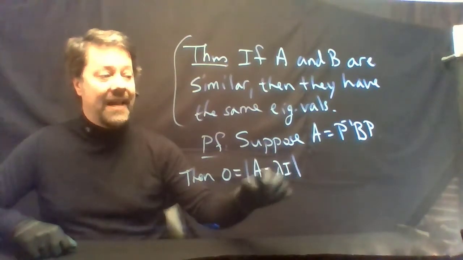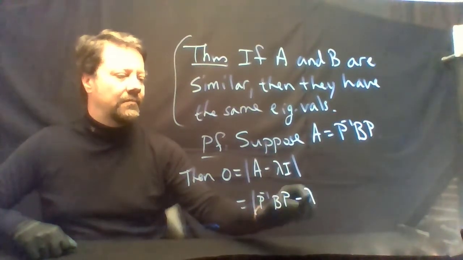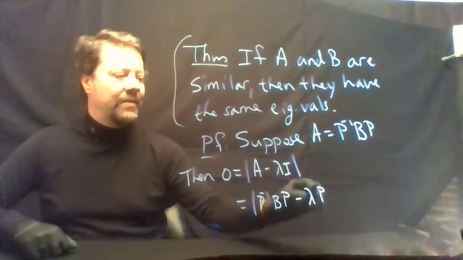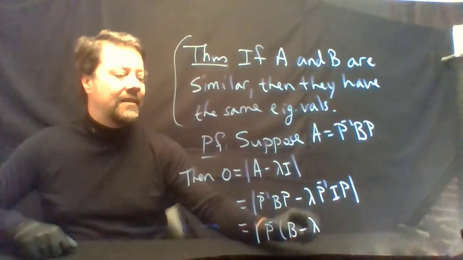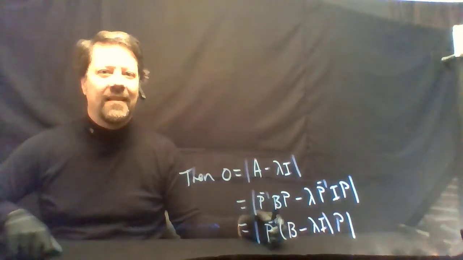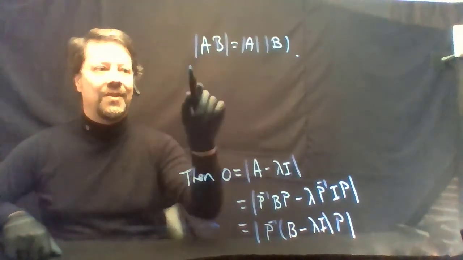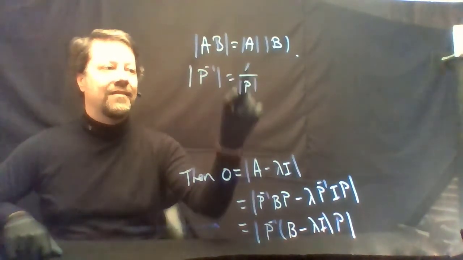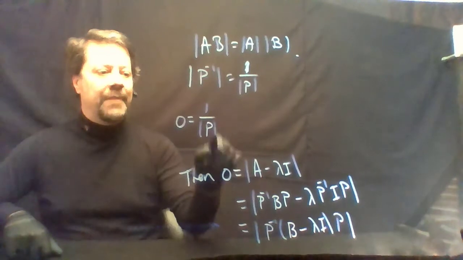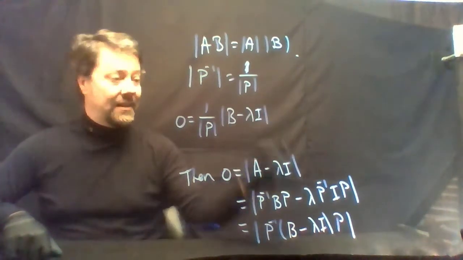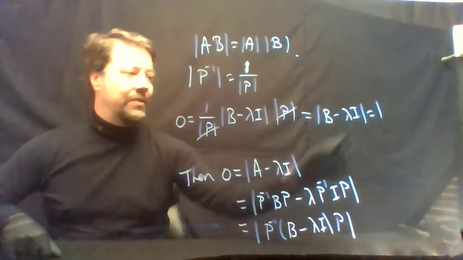Let's look at the characteristic equation with A replaced by P inverse B P. And we're going to switch out I and replace it with P inverse I P. That way we can write this as P inverse times B minus lambda I times P. Now remember, the determinant of AB is the determinant of A times the determinant of B. Also, the determinant of P inverse is 1 over the determinant of P. So we get 0 equals this first part, but also equal to 1 over the determinant of P times the determinant of B minus lambda I times the determinant of P. And we get the determinant of B minus lambda I still equal to the determinant of A minus lambda I.